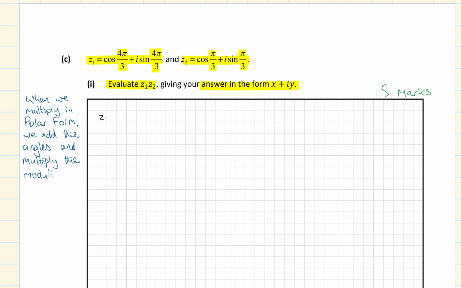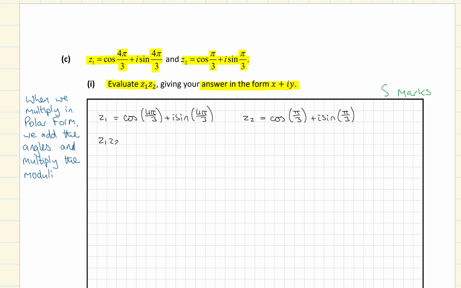So we have Z1 is cos of 4 pi over 3 plus i sine 4 pi over 3. Z2 is cos of pi over 3 plus i sine pi over 3.